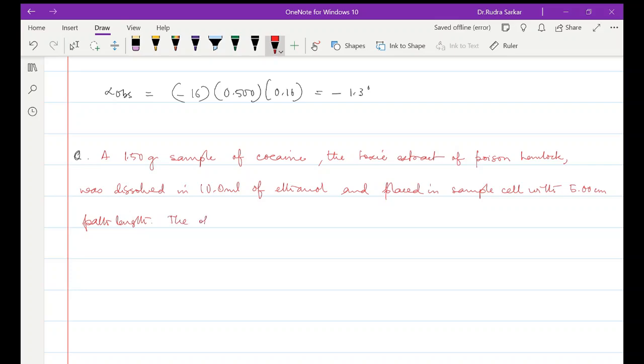The observed rotation at the sodium D line was plus 1.21 degree. We have to calculate alpha D, which is my specific rotation for the cocaine.